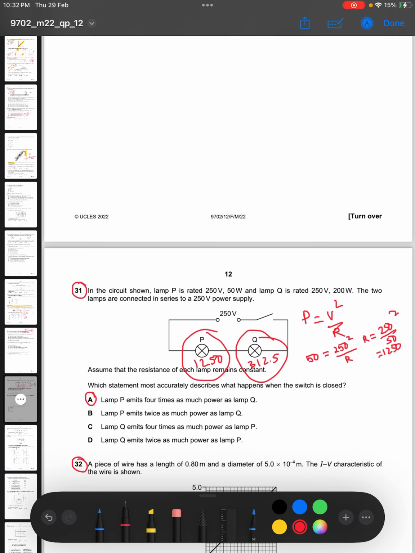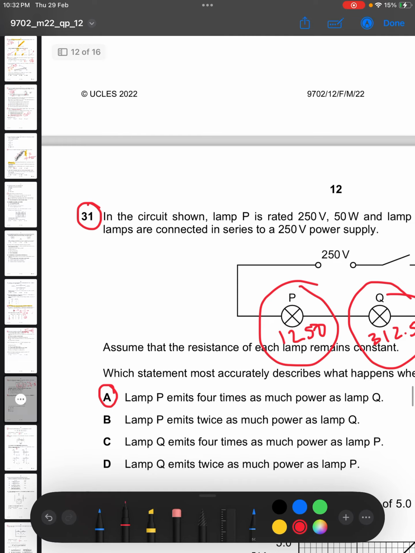So the truth be told, if P has 4 times the resistance as compared to Q, then when they are sharing the 250 volts, P will get 4/5 of the total voltage.